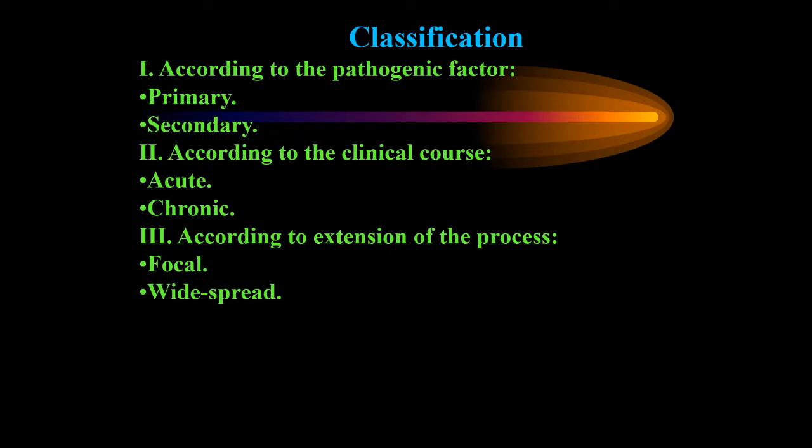Classification of the empyema. At first, according to the pathogenic factors, it can be primary or secondary. Second, according to the clinical course, it can be acute or chronic. And last, according to the extension of the process, it can be focal or widespread.